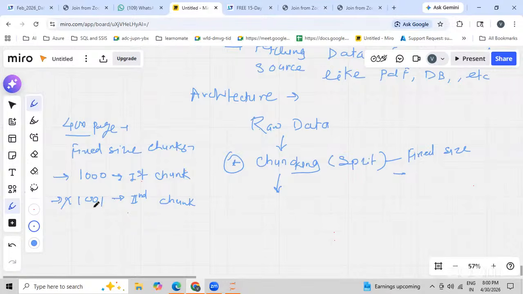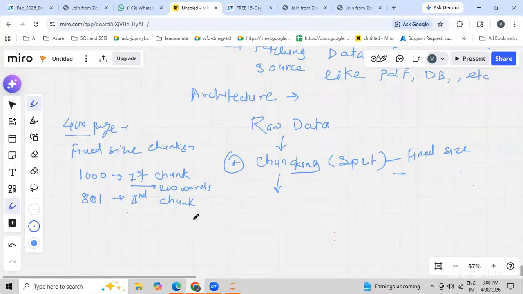So I need to make some overlapping. Suppose I am overlapping 200 words. So my second chunk will start from 801. I am simply keeping those 200 words as an overlap.